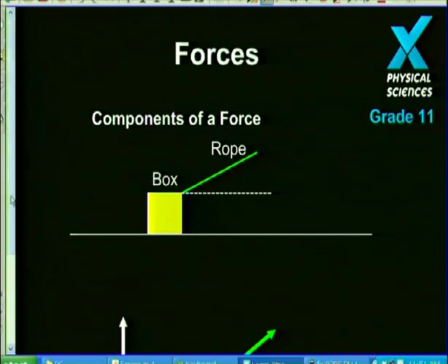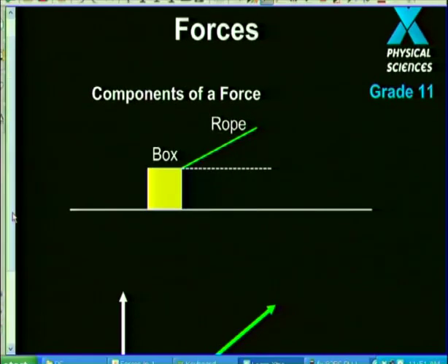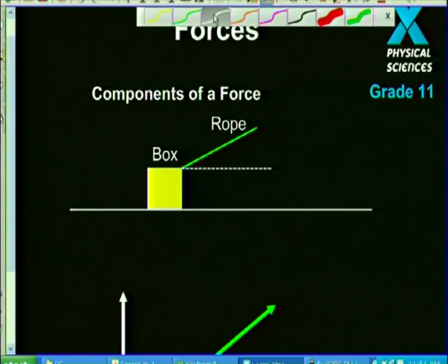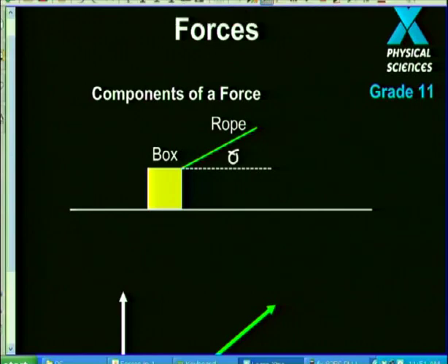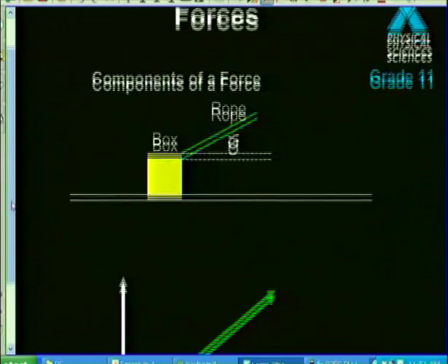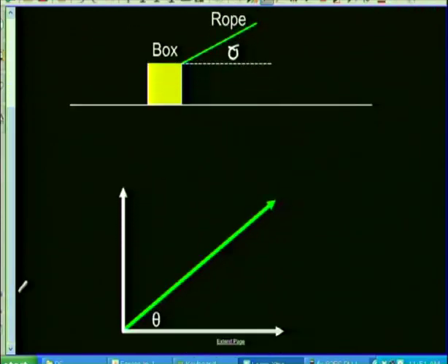So here's another diagram, and it's our familiar situation of a rope and a box, but this time the rope isn't being pulled horizontally. The rope is being pulled at an angle, and I'm going to call that angle theta. It's an angle theta to the horizontal. So in this case, we can draw those in this vector sketch here.